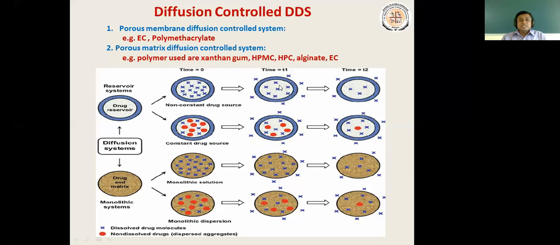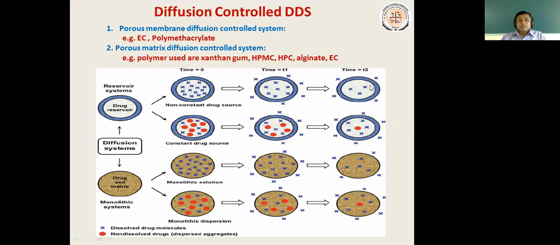The drug present in this system slowly diffuses through the small pores, and the drug may get released in a slow manner for a prolonged period of time by the mechanism of diffusion. See this outer side here, this is the diffusion of the drug, and after time t2, after the specified period of time, the drug gets released from the system.